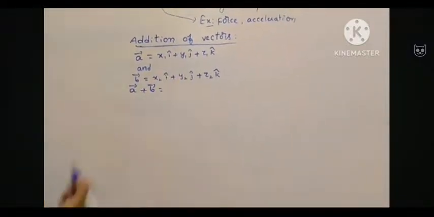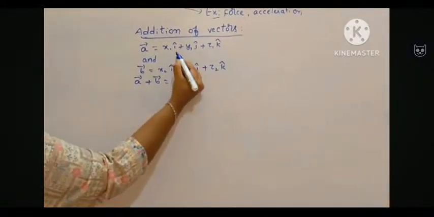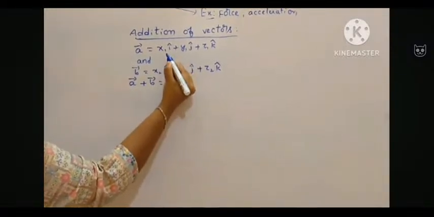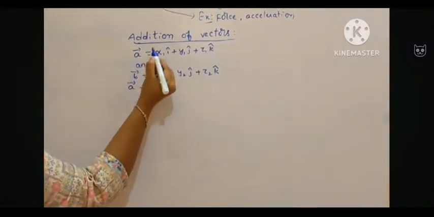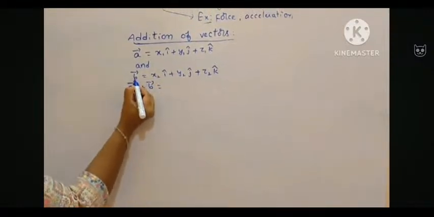How can we add these two vectors? First, we select i cap from the A bar, and again the i cap from the B bar.